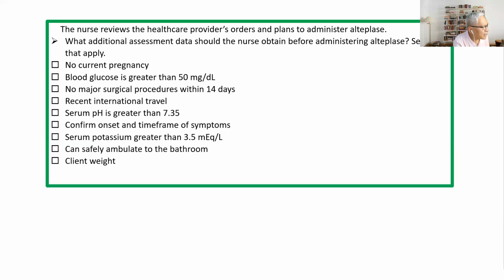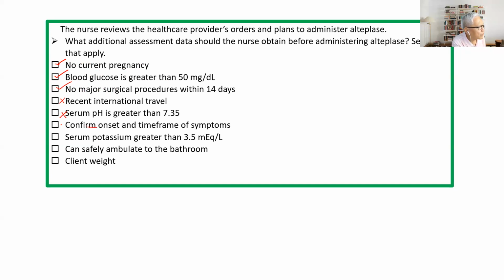I love it. I think you all are getting it. Okay. So it is contraindicated in pregnancy, right? And so letter A is going to be correct. No current pregnancy. So this is correct. And you remember that the blood glucose should be well controlled. So this is going to be okay. No major surgical procedures. That's okay. This one doesn't have any bearing at all. And also this one doesn't have any bearing.